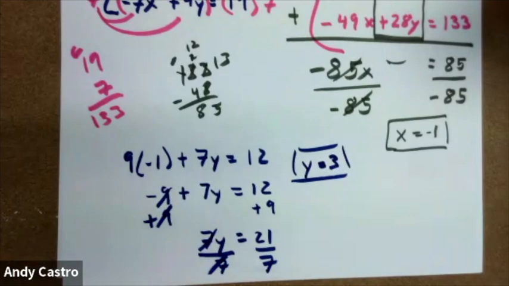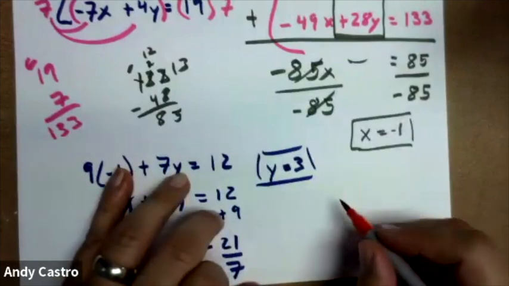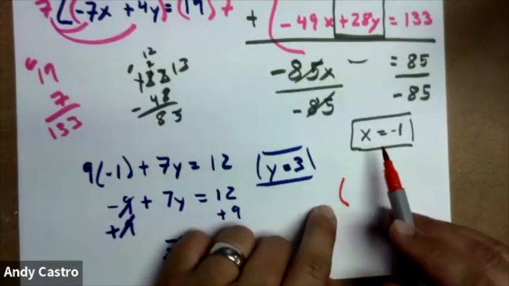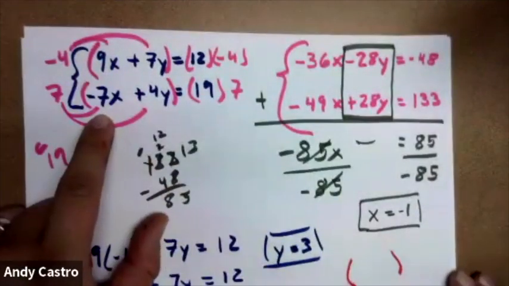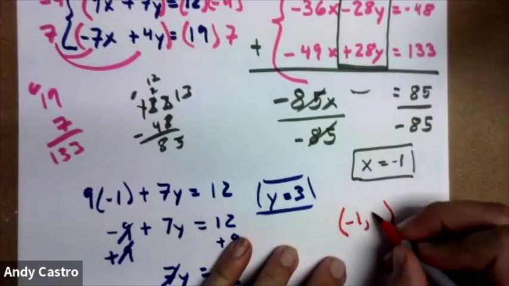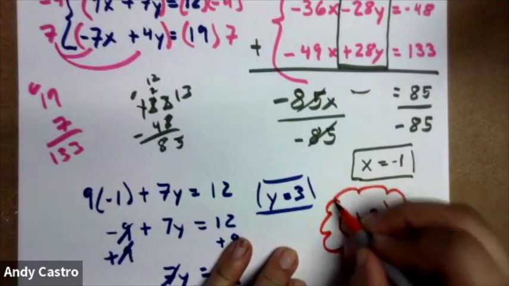Okay, so then what we have here is our final answer, the answer to the system of equations. The point at which these two lines intersect is going to be negative 1, 3. That is the ordered pair.